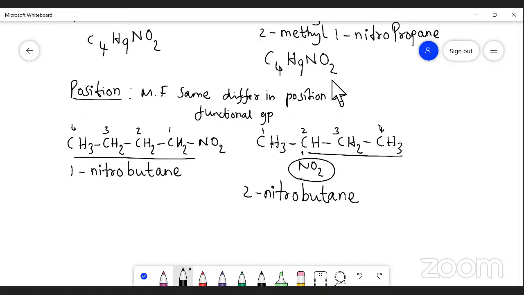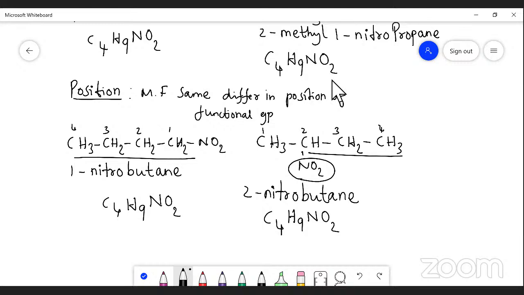Now let us check these two compounds. We have to compare them. Here how many carbons? 4 carbons, 9 hydrogens, and only 1 NO2 group is present. The same in the other: 4 carbons, 9 hydrogens, 1 NO2.